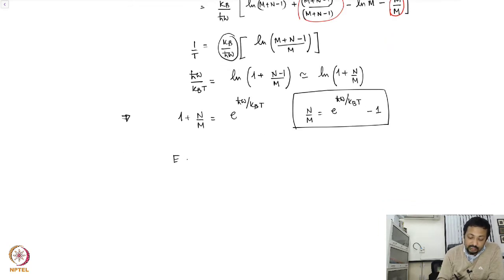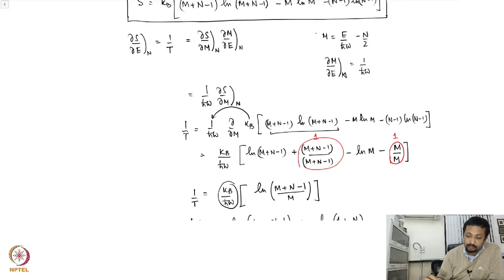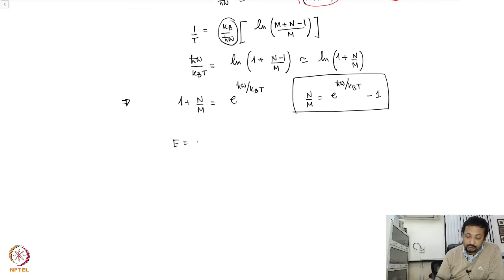Now, E, where did we write that? We take this expression. E is going to be M plus N by 2 times h bar omega.